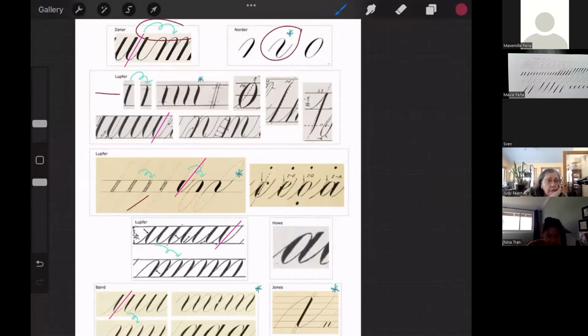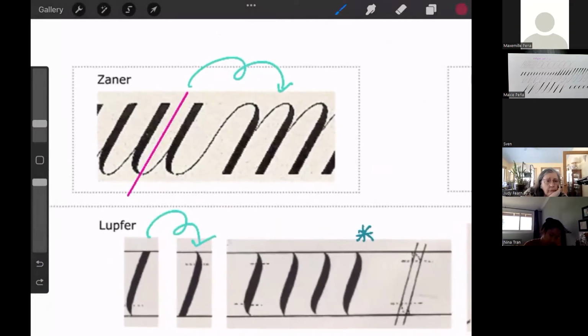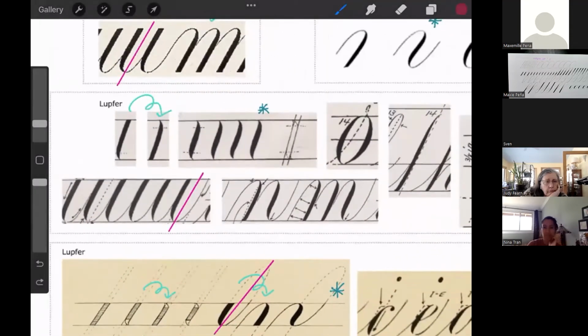Aside from the rotational symmetry, there is also reflectional symmetry, meaning if I divide the shape in half, let's look at Zaner's here, for example, the pink line over here. If you divide the U shape in half, the left and the right side are the same exact shape. Not necessarily the shade, but the negative space and the U shape.